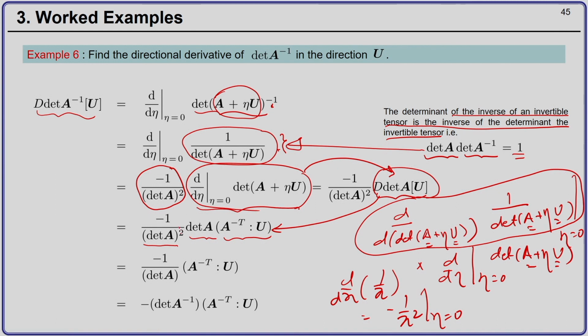So, one determinant A cancels out, and then you have minus 1 by determinant of A, A inverse transpose double contracted with u. Now, 1 by determinant of A is nothing but determinant of A inverse.